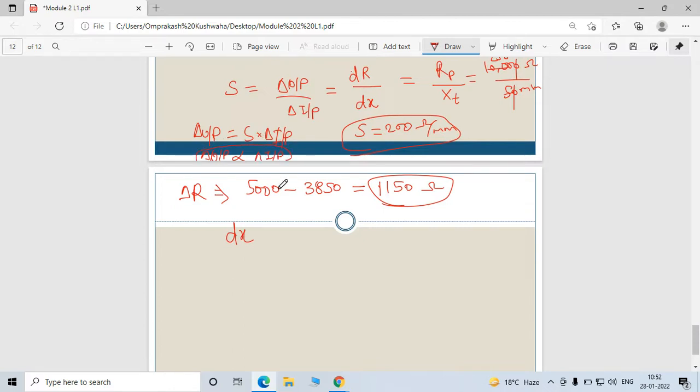By this way, you can find dx, which is the change in displacement. This is dR by S. What is dR here? The changing resistance is 1150, divided by sensitivity 200. When you solve this problem, you will get dx as 5.75.